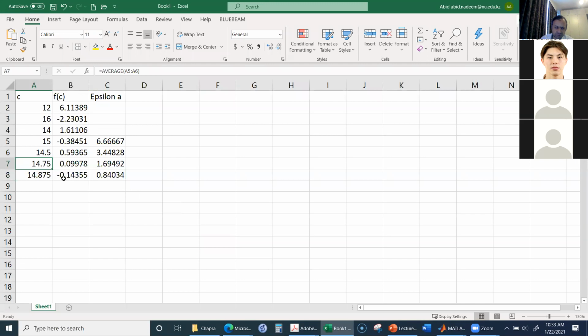And then the next value, we took 14.875 because this new value was also of the opposite sign, so it was the average of 15 and 14.75. Clear now? Yes, thank you.